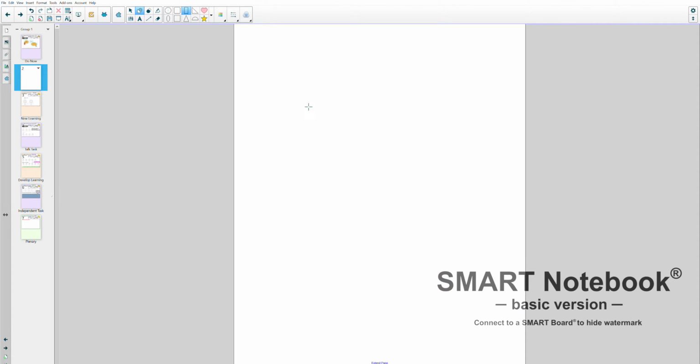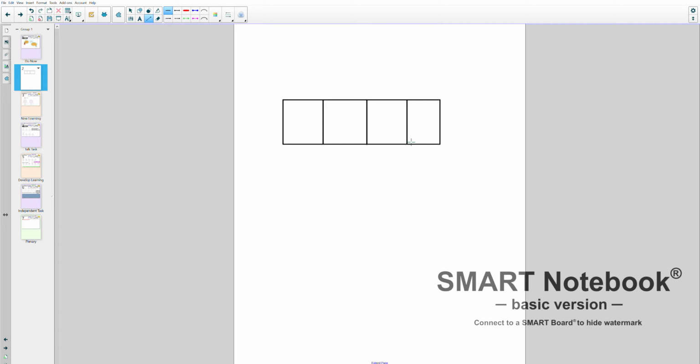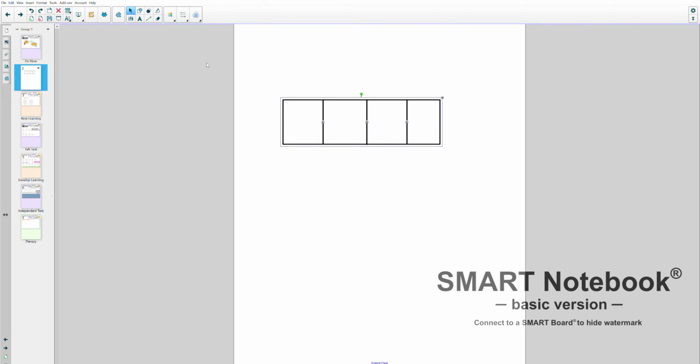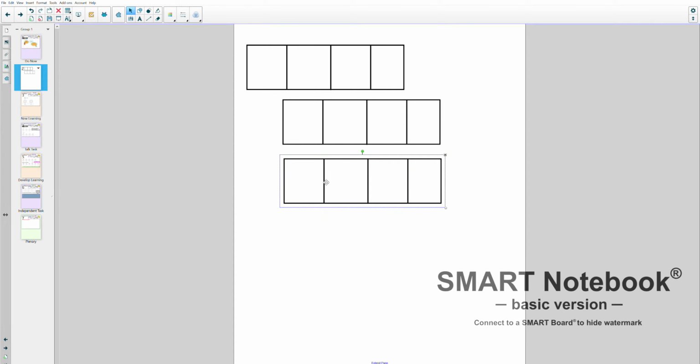Let's say we took a bar and we split that into quarters. Then, of course, if I've got 3 of these bars, just copy that and paste it. Copy that and then paste it, and then paste it again. So now we've got 3 of them.